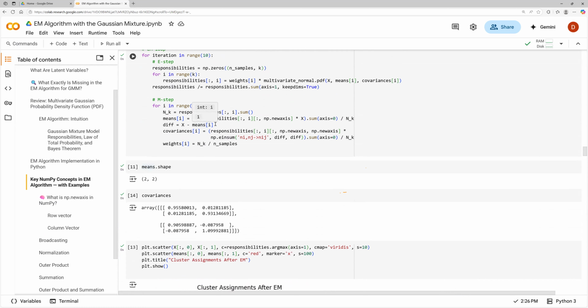So we see that we have to take care of this x minus means i. We saw that in our multivariate normal formula, where we multiply this by the inverse covariance matrix and then the transpose of that. So we're doing this outer product here.